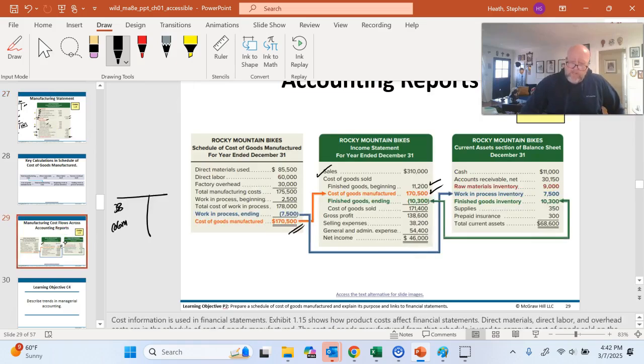They're just abbreviating it here in slide 29. And then we would subtract, right? This would be everything available. Then we would subtract ending balance to get cost of goods sold. And we're doing that right here. And this is our cost of goods sold. And then we have all of our selling expenses, all of our G&A. Those are operating expenses. We recognize those as expenses in the period that we incur them.